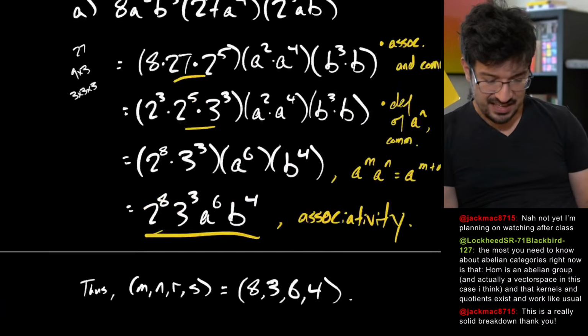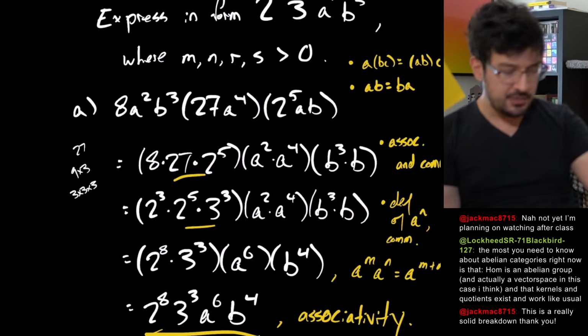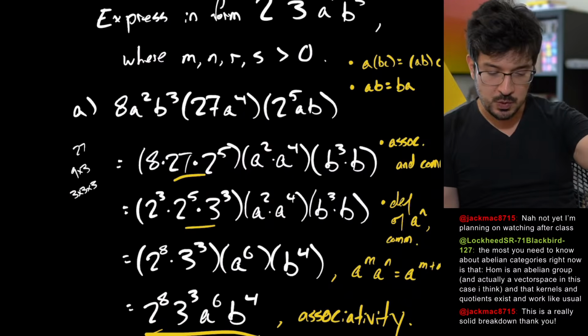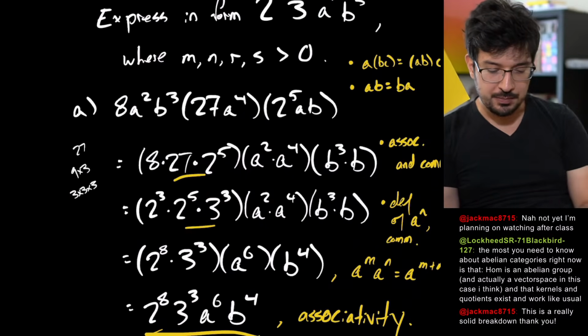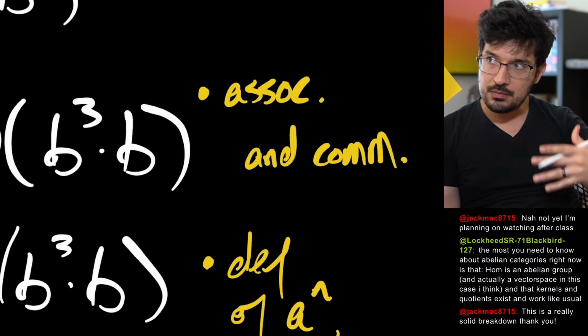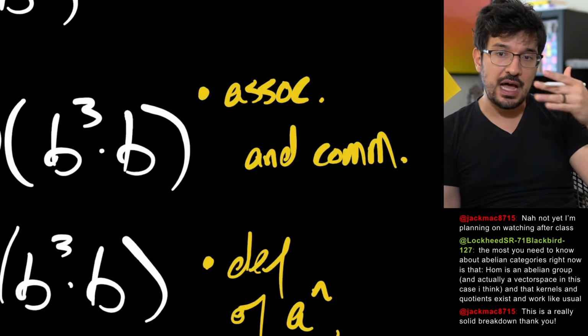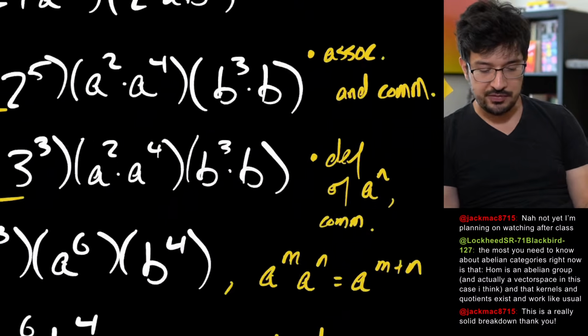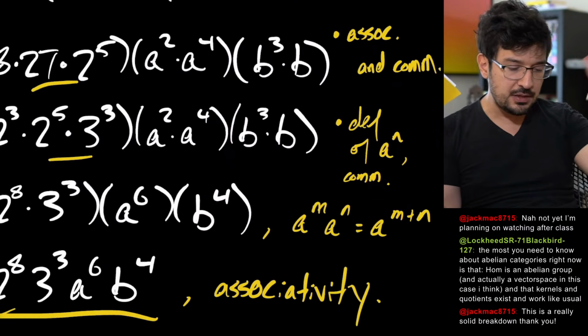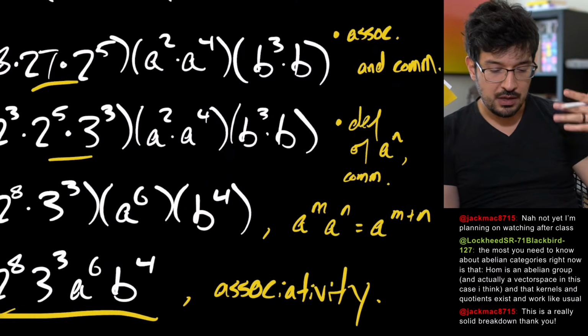Heck yeah. This is the same kind of problem that you've seen in school, but now we're being careful and saying exactly what math property we're using every step. We're justifying why we can rearrange or regroup parentheses.